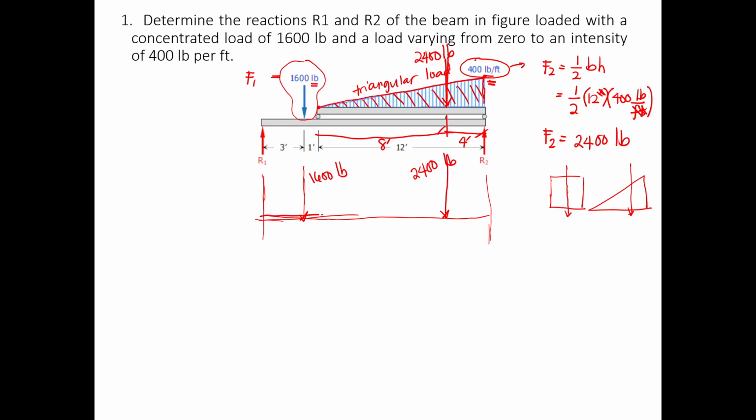Okay, that's the figure, try to copy it in your drawings. Of course, we're going to look for the reactions at A, R1 and R2.